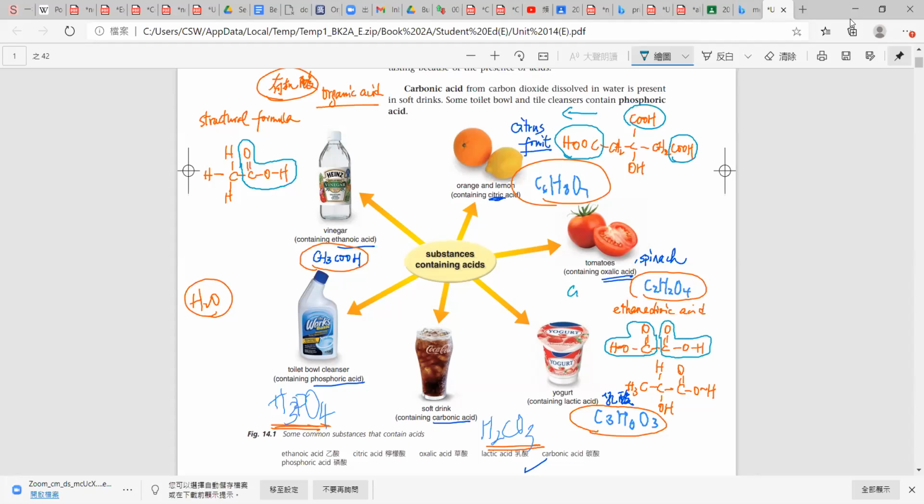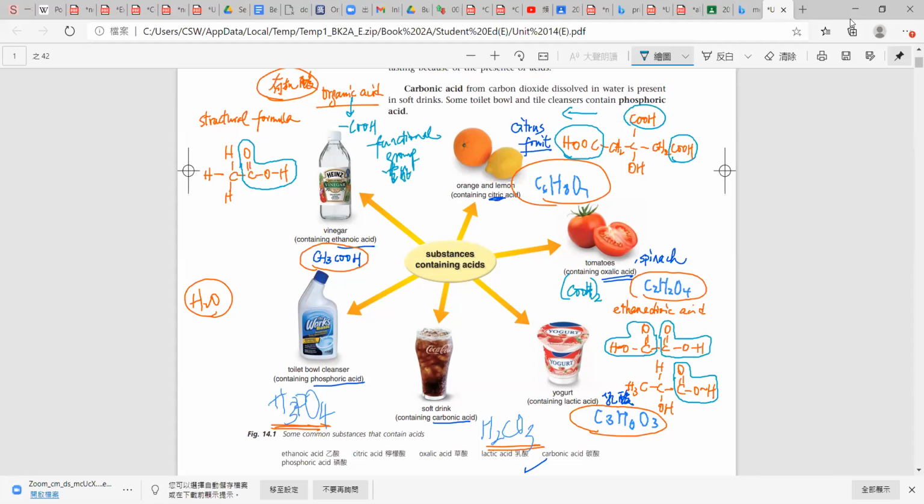So that's why you may also find oxalic acid having formula (COOH)2. And lactic acid, it will have got another COOH. Can you see that? So what they have in common is that we have got that COOH, a common group of atoms. We call that functional group. 官能基.